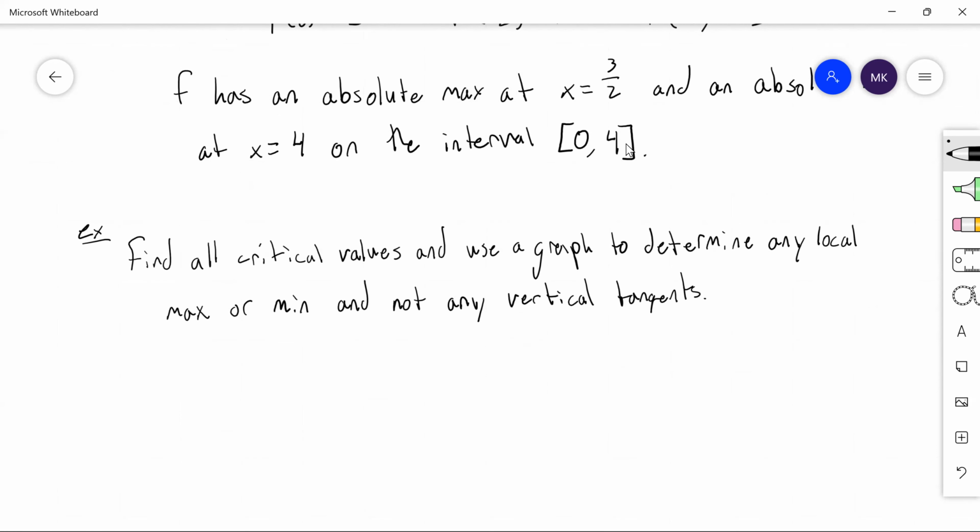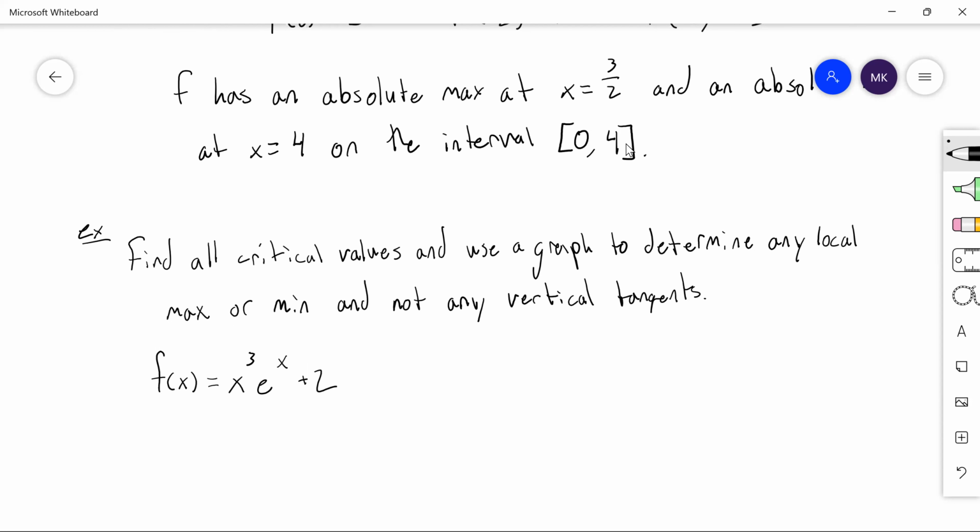So for this, our function is going to be a little trickier. x cubed times e to the x plus 2.